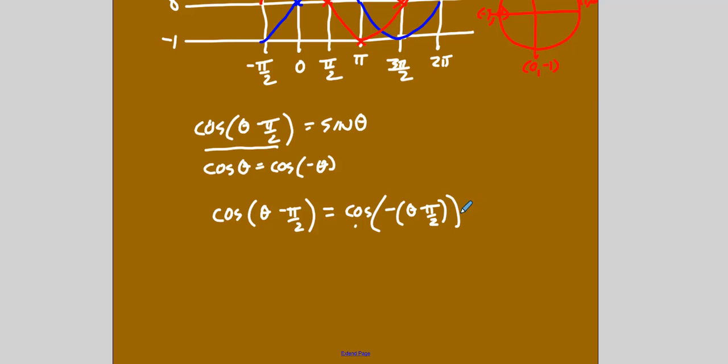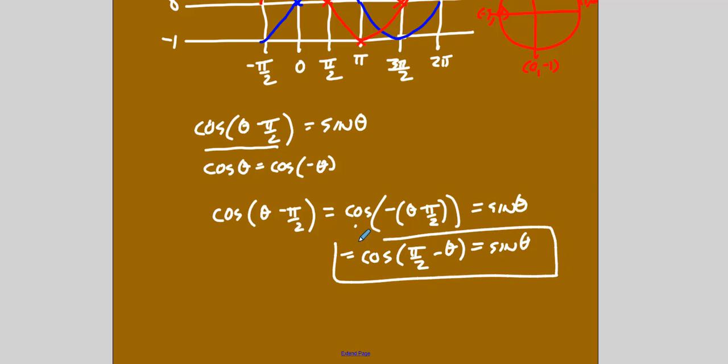Okay, and that is going to equal sine theta. So this is the cosine of the negative of theta minus pi over 2, which is cosine of pi over 2 minus theta, and that equals sine theta, which is what we're trying to show here. So we have this now. We're going to need that in a moment.